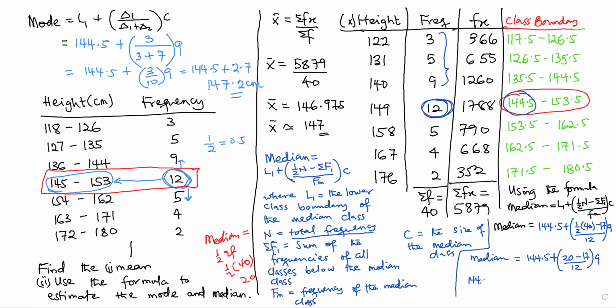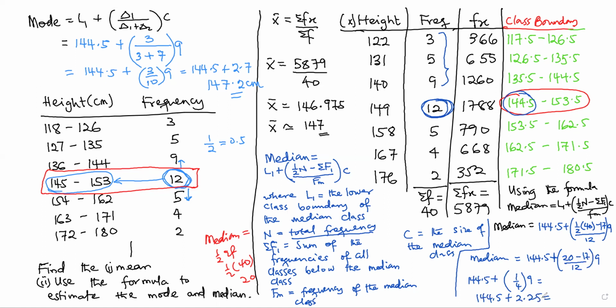So you have 144.5 plus, this will give you 3 over 12. And 3 over 12, because 20 minus 17 is 3. 3 divided by 12 is 1 over 4. So you have 1 over 4 times 9. And 1 over 4 times 9 is the same as 9 divided by 4, which will give me 2.25. So eventually we have 144.5 plus 2.25.